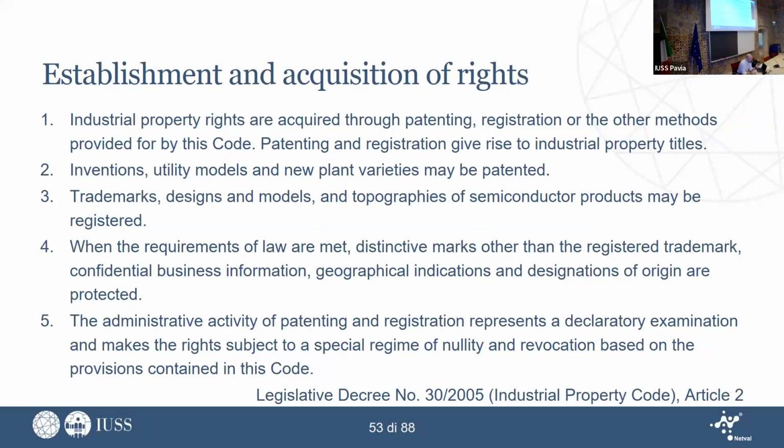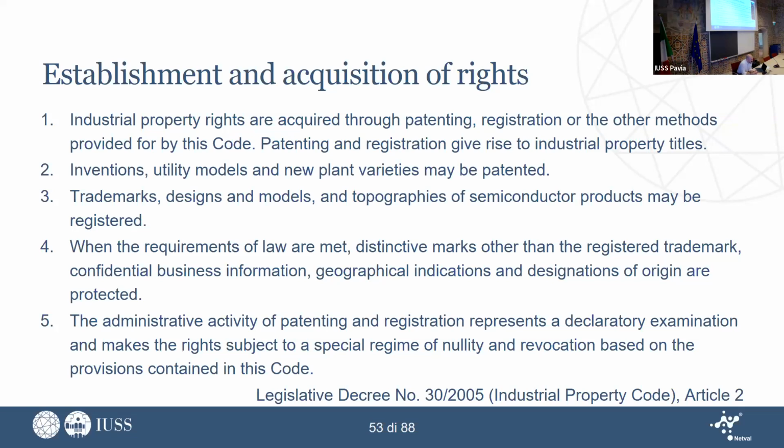In the Industrial Property Code, we have some provisions about the acquisition and establishment of the rights. The industrial property rights are acquired through patenting, registration, or other methods provided by the code. Inventions, utility models, and new plant varieties may be patented.